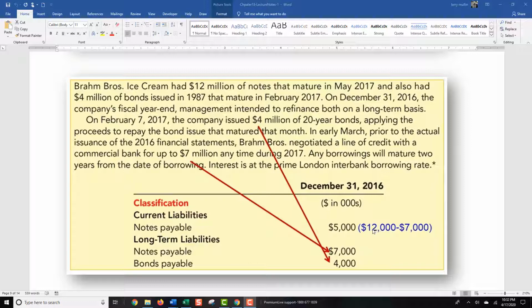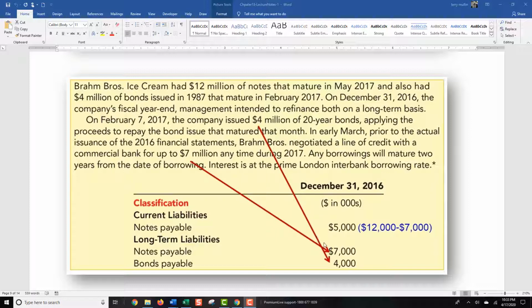Then they're going to take a $12 million notes payable that they owe back up here that they took out in 1987, but they have a $7 million line of credit, right? They're going to take out this note payable. So that $7 million is going to replace 7 out of this $12 million.